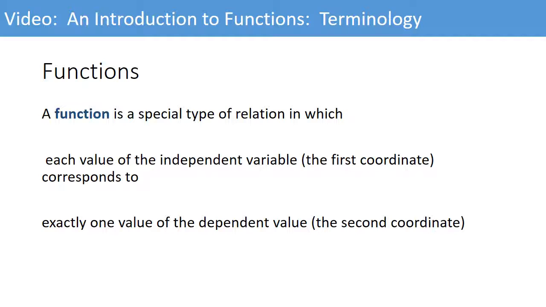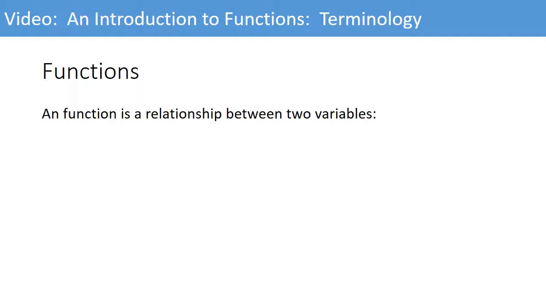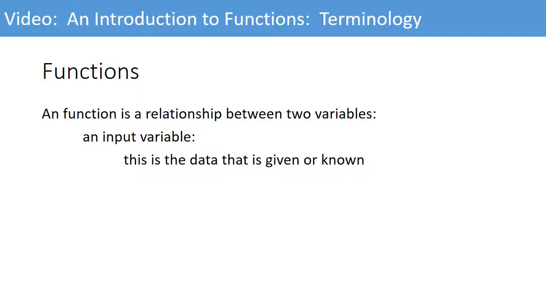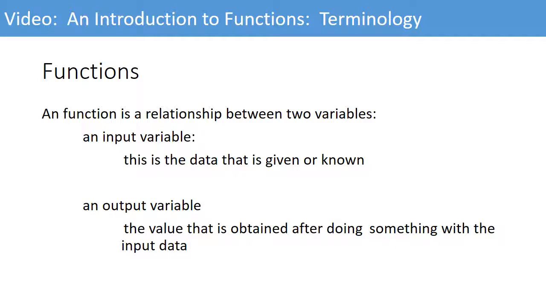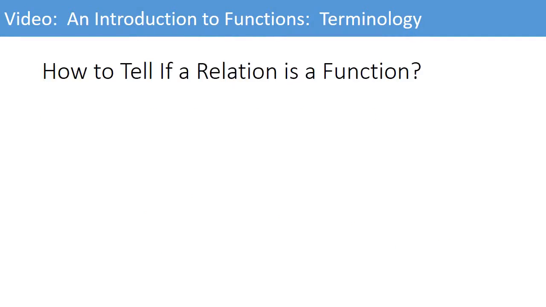The dependent variable is the data that's coming out of the equation. A function is a relationship then between two variables. The input, the data going into the equation that's given or known, and the output variable, which is the results coming out of the equation.